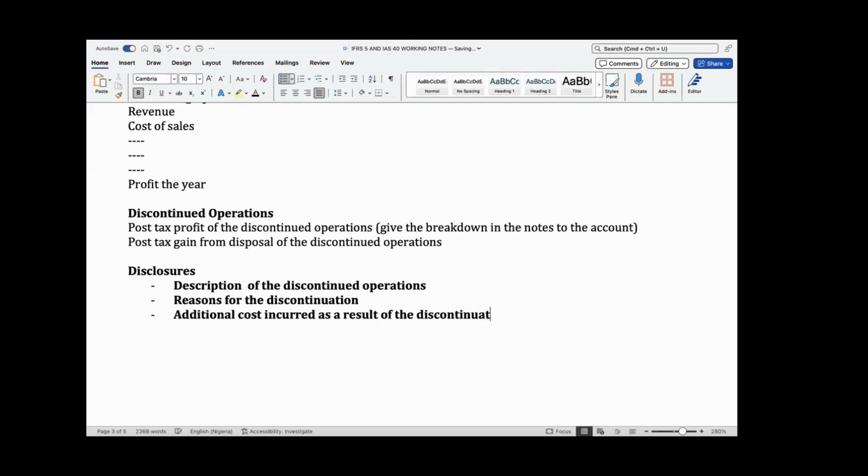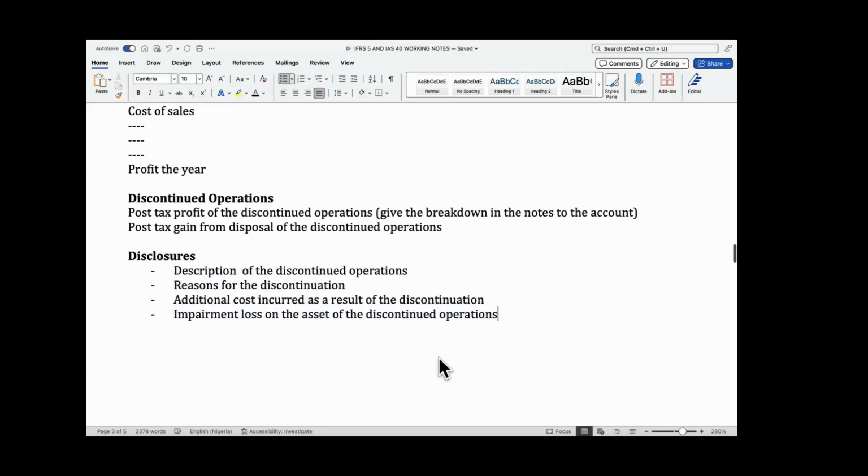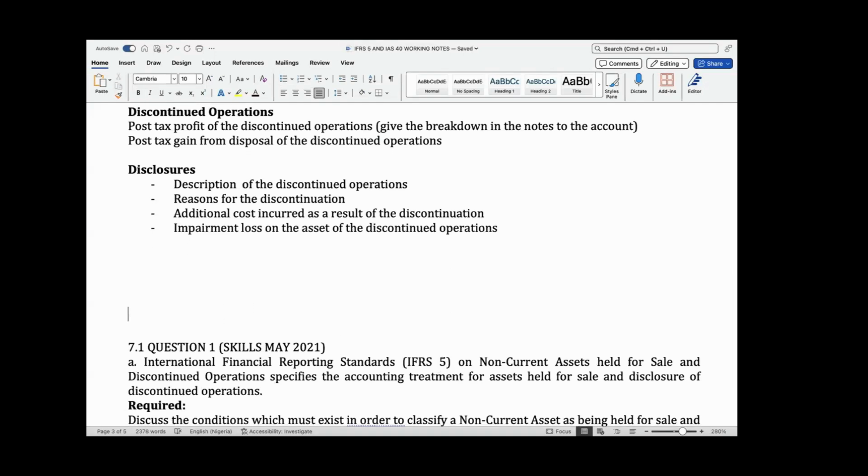You need to disclose it to us. Let us know any cost you incur because of this discontinuation. If there is any impairment loss on the assets of the discontinued operations held for sale, you need to disclose it to us. Okay. And that is that for IFRS 5.